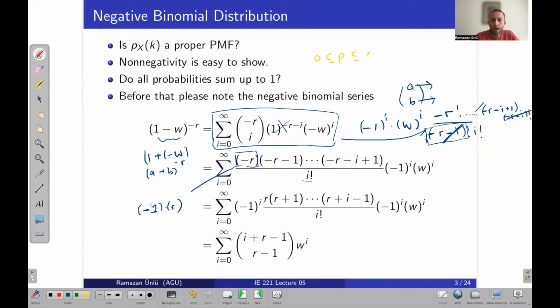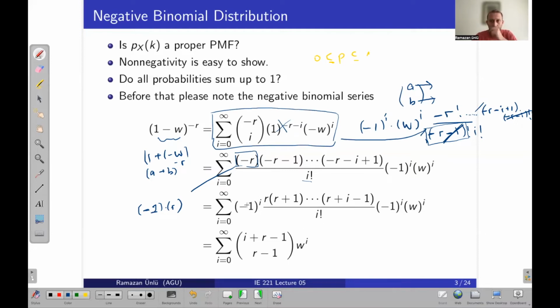So how many minus 1s here? i times, right? Why? Because I reduce each term by 1, i times. I repeated this process i times. So that's why I can take this coefficient minus 1 to the i outside of this division.